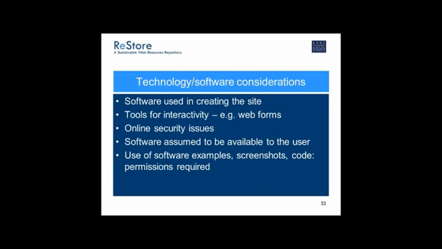And the consideration of importance there is to ensure that if your online content includes examples of how to use external software, then you must have a licensed version of that software yourself, and you do need to seek whether or not there are any permissions or requirements of the software provider before you go putting screenshots or guidance of their material on the web.